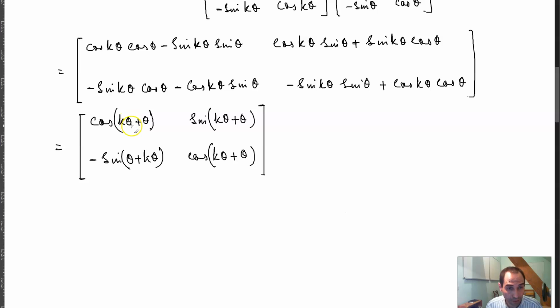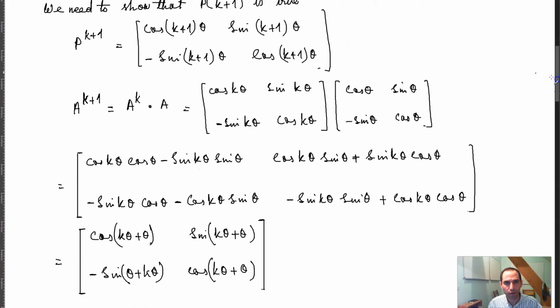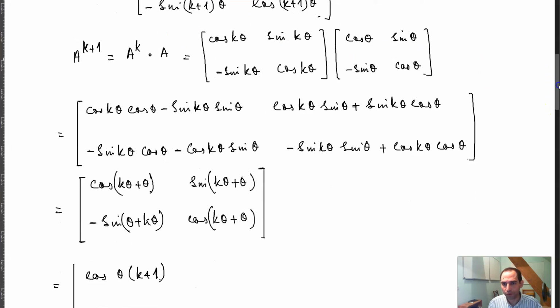Now cos of k theta plus theta is the same thing as, if I take a theta out, theta times k plus 1. So you can write this as cos of theta times k plus 1, which is, I suppose, what we were looking for here.